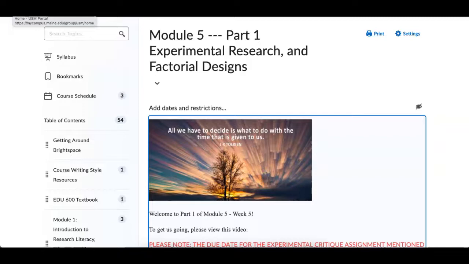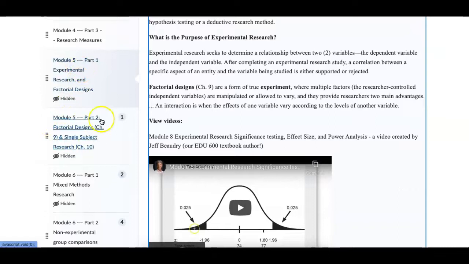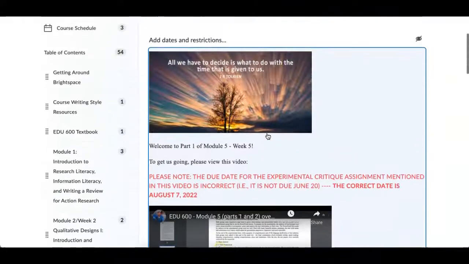So the purpose of this video is just an introduction to the materials, and there are a couple of things that I wanted to point out, and let's get right to it. First of all, in week number 5, we have part 1 and part 2. You can see there's different materials in each one of these, but they're both under the umbrella of quantitative research.